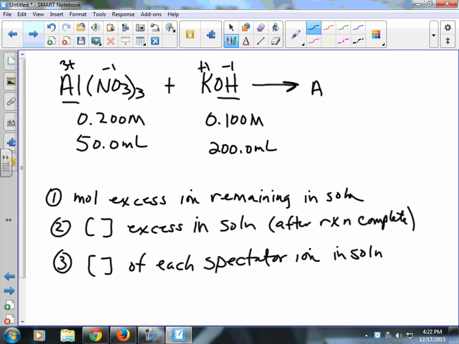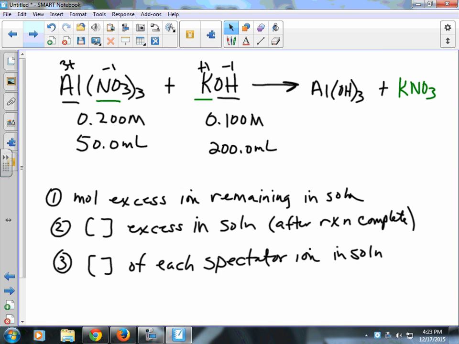So when aluminum +3 bonds to hydroxide, we need 3 hydroxides to balance out the charge of aluminum. The other reactant, potassium, is going to bond to nitrate, +1 -1, that's just KNO3. Balance the equation, and we're going to need 3 of the KOH and 3 of the KNO3.